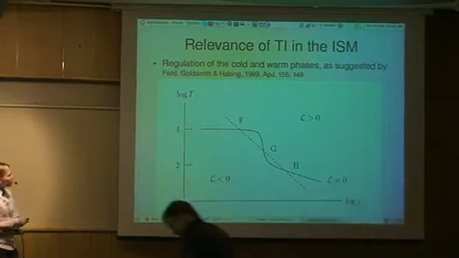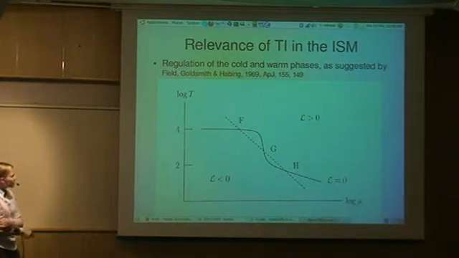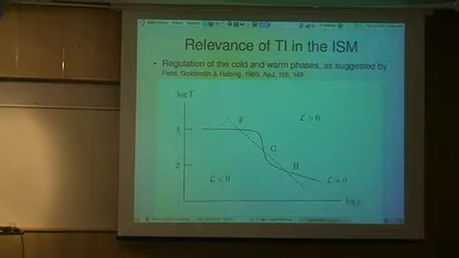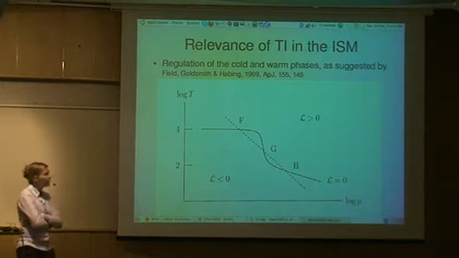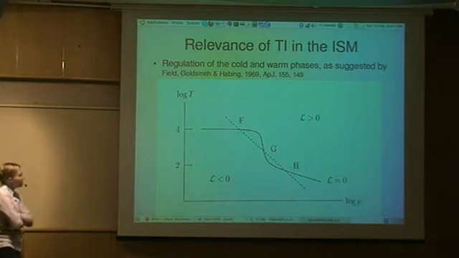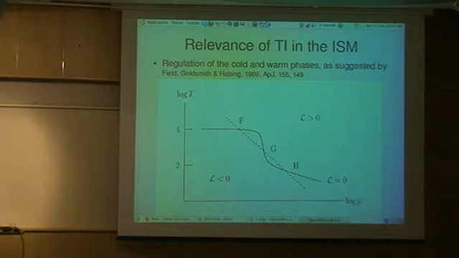This is a sketch of how this FGH model is supposed to work. This is the isobaric or condensation mode of thermal instability, which had been extensively studied by Field even earlier, in 1965. But anyway, this is an application to the ISM.